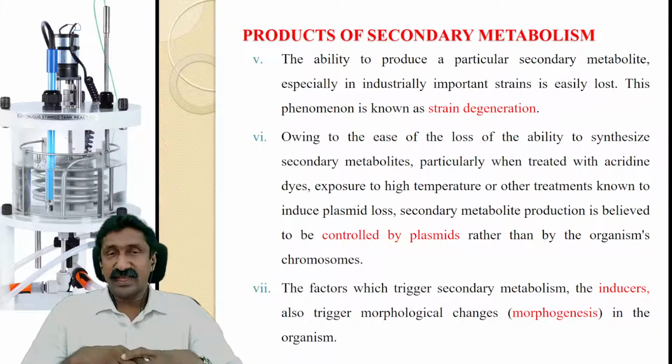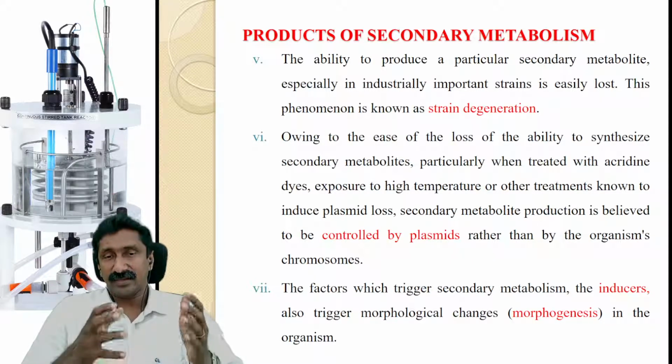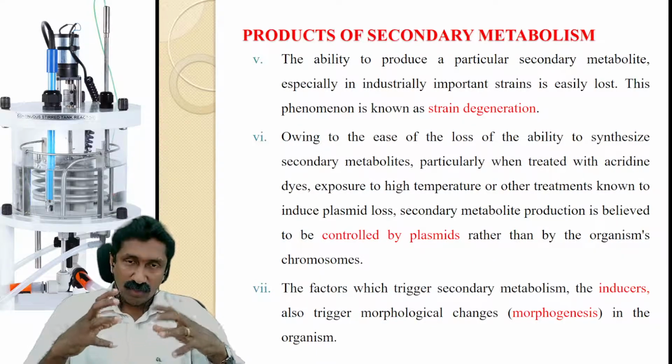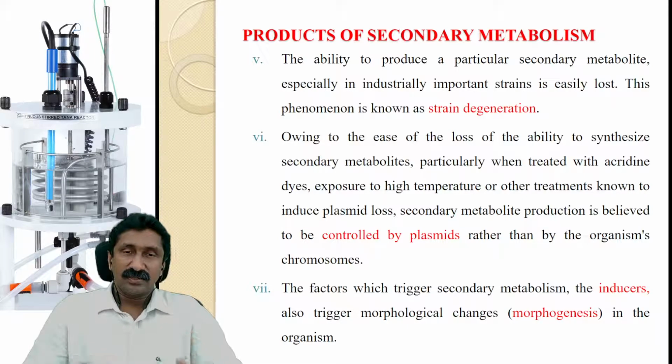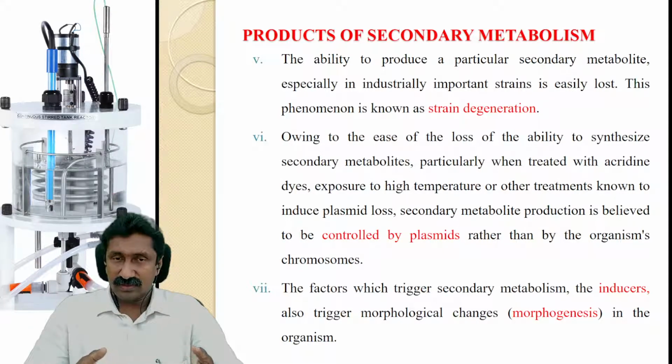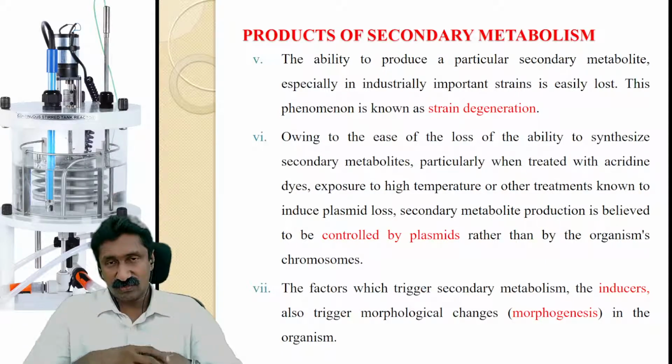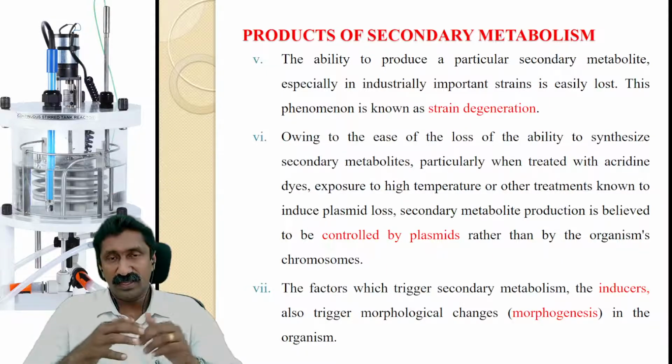It is believed that it is because they are controlled by plasmids rather than the organism's chromosome. So if it's a chromosomally controlled gene, then it may not be that much affected by such mutagenic agents or high temperature or other mutation treatments.